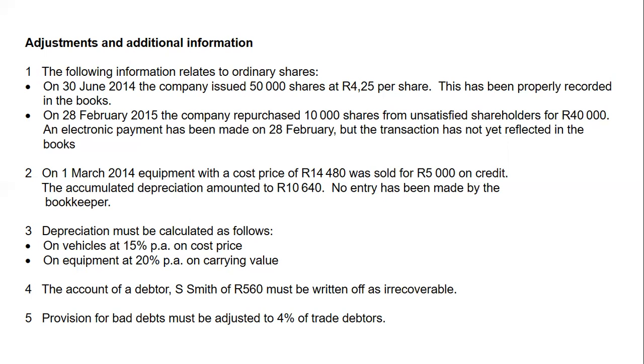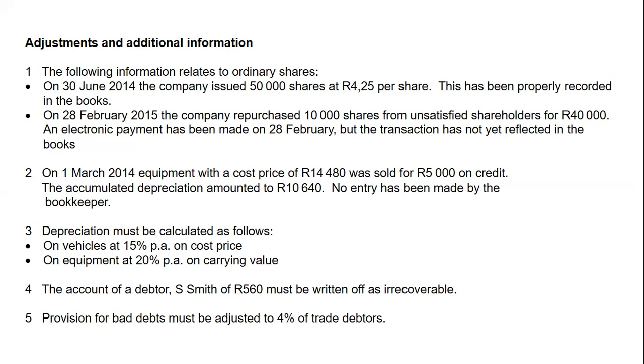It also means that your accumulated depreciation includes that 10,640, and we need to exclude it because this equipment is no more. So the cost price of this equipment must be deducted from the total cost price of all equipment. The same with accumulated depreciation, it must be deducted from the total accumulated depreciation of all equipment, so that we are left with the cost price of the equipment that we still have, and the accumulated depreciation of the equipment that we still have.